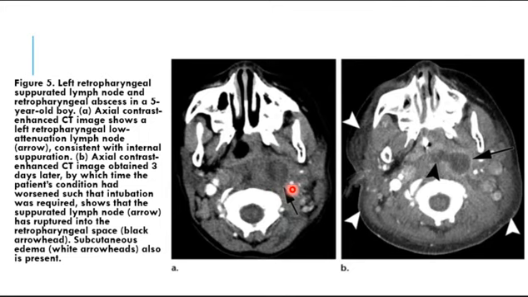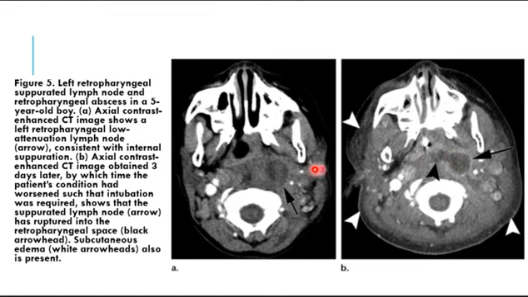This is a left retropharyngeal suppurated lymph node and retropharyngeal abscess in a 5-year-old boy. In this image, the lymph node is consistent with internal suppuration. In image B, the patient's condition has worsened. Looking at the edge of the lymph node, it's ruptured on the medial side, so the contents of the lymph node are extending into the retropharyngeal space.